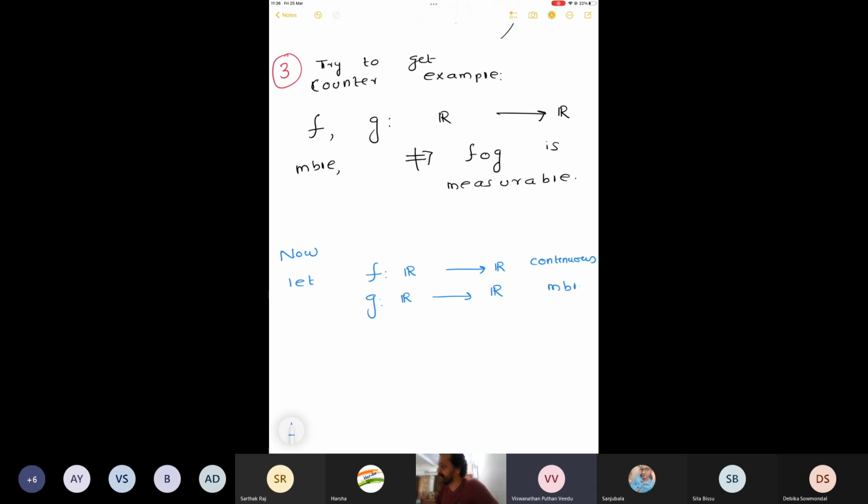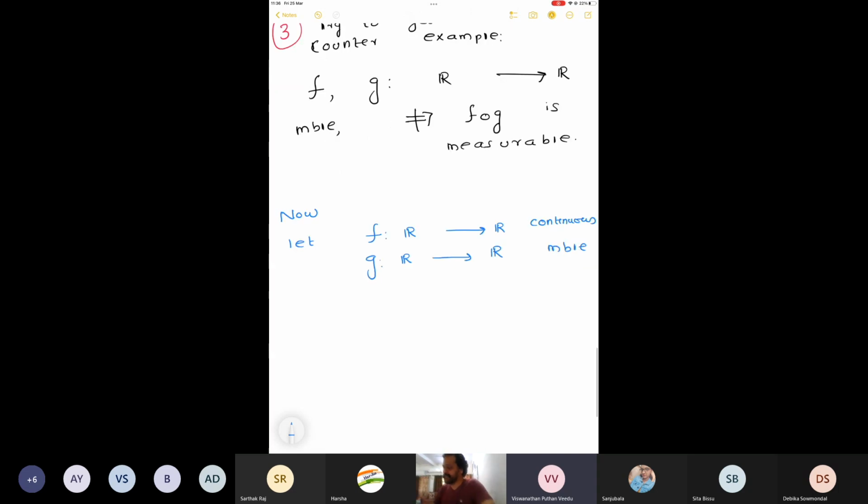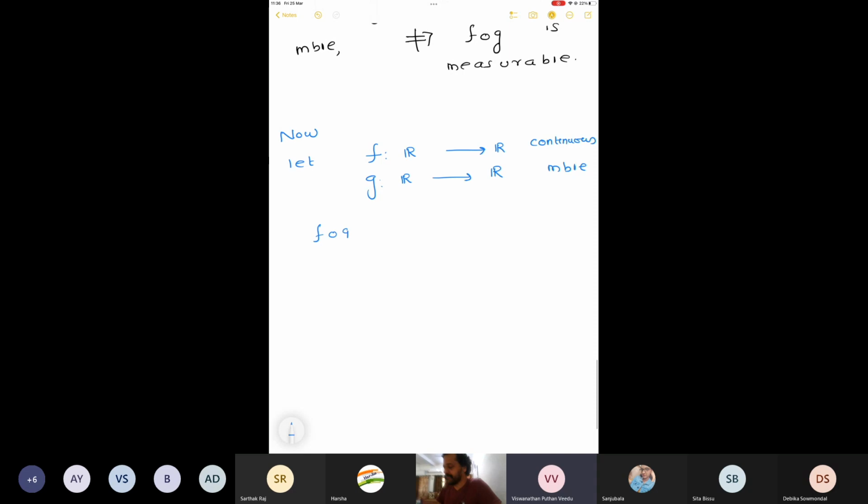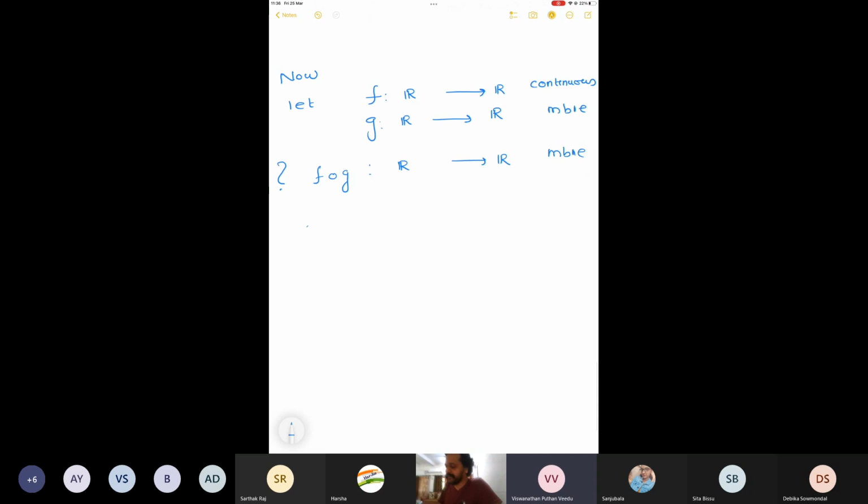Somehow I have to prove that f composite g is measurable. One of the sets we have to consider to prove something is measurable is: let us consider x in R such that f composite g of x is greater than alpha, or greater than or equal to alpha. I should prove that this is measurable for each alpha in R.